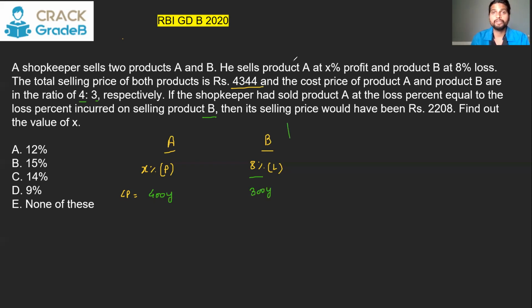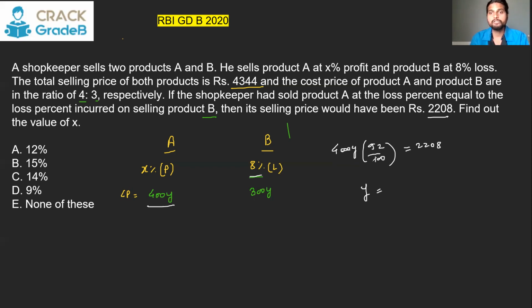They are saying if he sells A for 8% loss, that means he sells at 92% of this. 8% loss means 92% of it. So if he sells for 92% of this, the selling price becomes 2208. So you can just find the value of y from here.